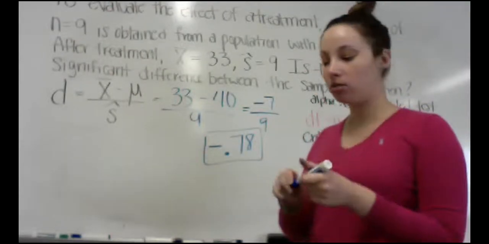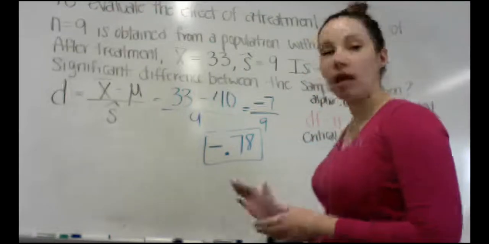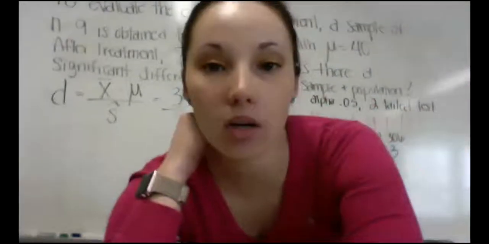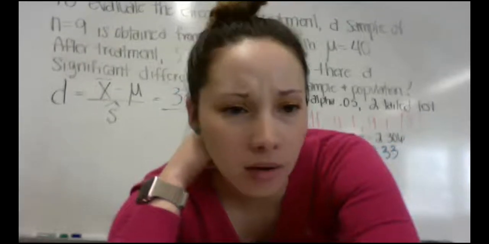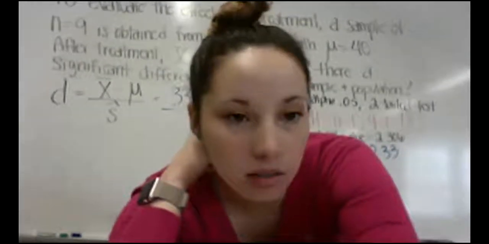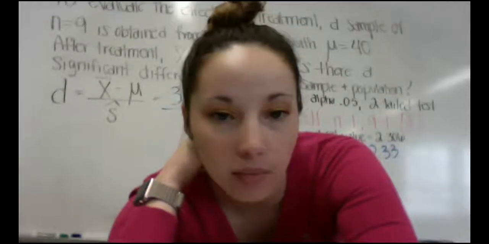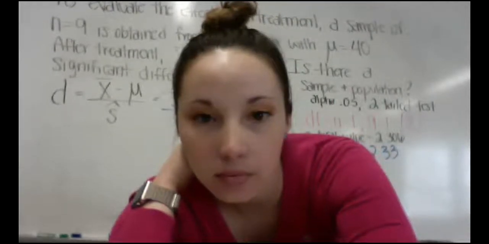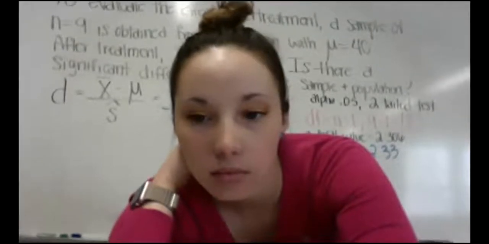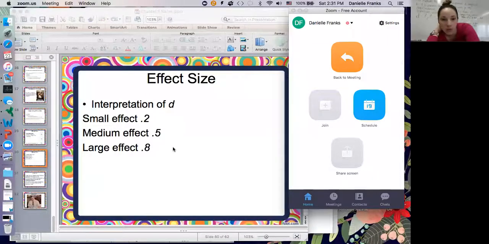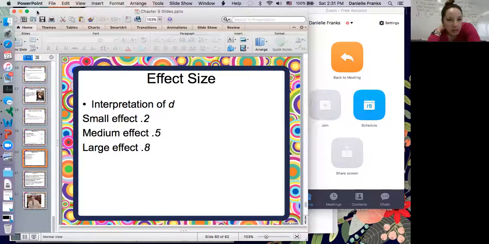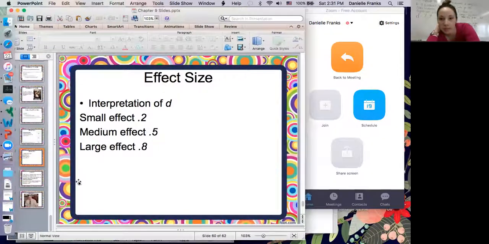If you go back to the guide in your slides on how to interpret Cohen's d, which I can pull up now, here we go, on slide 60 of your chapter 9 slides, we see that a Cohen's d effect of 0.2 is small, 0.5 medium, 0.8 large.